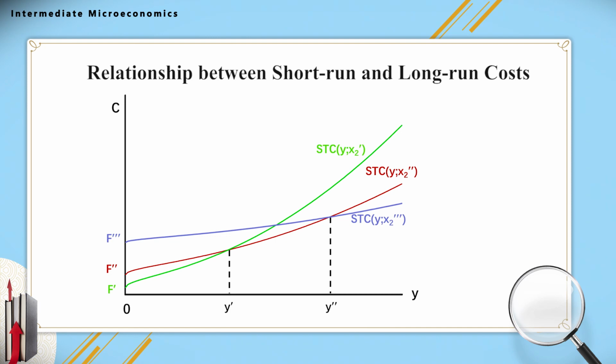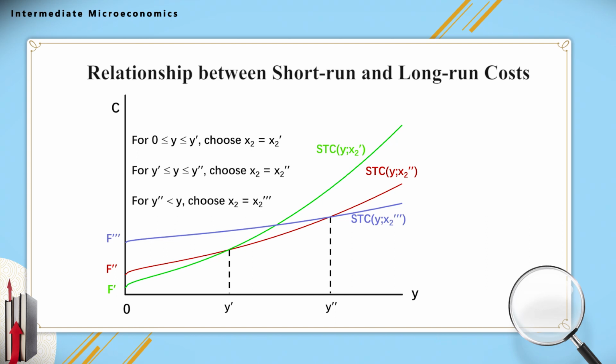As we can see, when the output is between 0 and y prime, the green cost curve is the lowest, which means that it is the best production scale. When the output is between y prime and y double prime, the optimal production scale corresponds to the red cost curve.